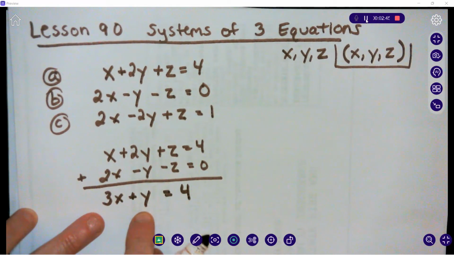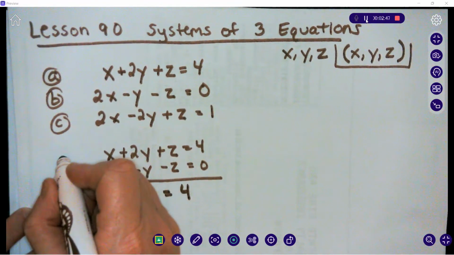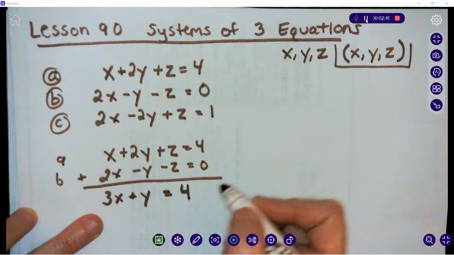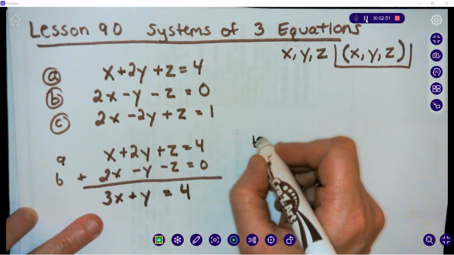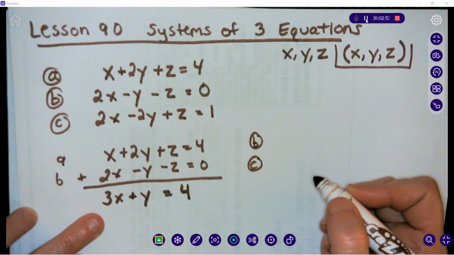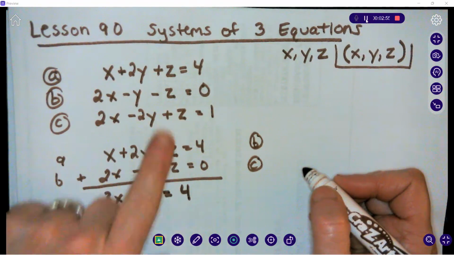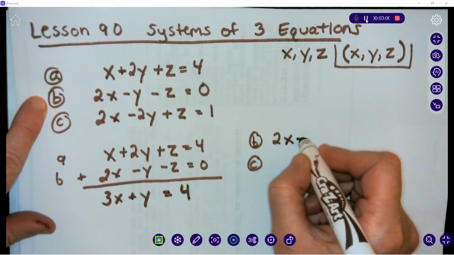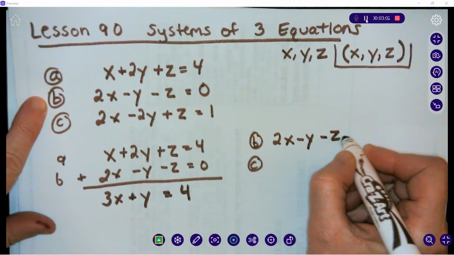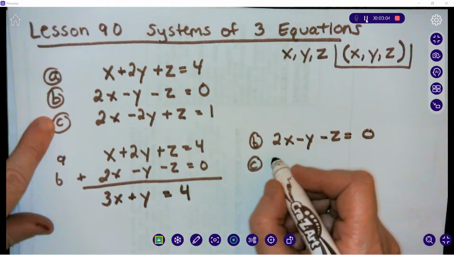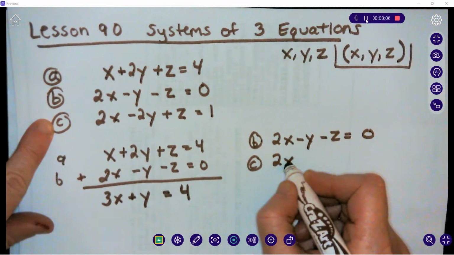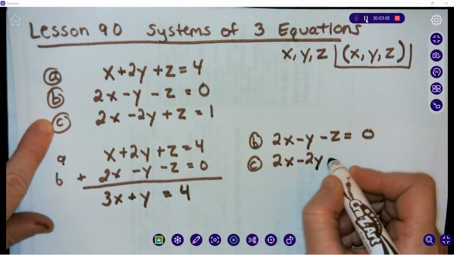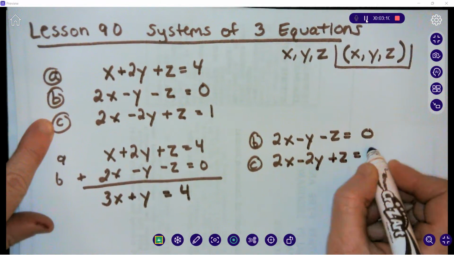So now we're going to do it again. Right here we added A and B. Now we're going to add B and C, because when we do that, we're going to get rid of the z again. So we'll take equation B again, 2x minus y minus z equals 0. And we'll take equation C, 2x minus 2y plus z equals 1.